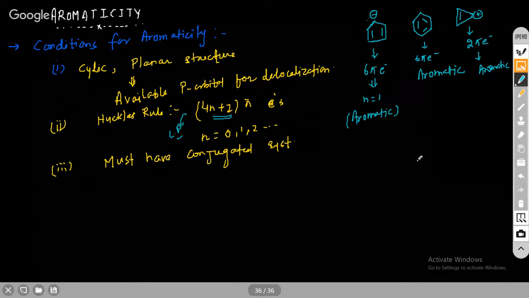Okay. If I take the example of naphthalene, naphthalene is this, last class also we discussed. How many pi electrons do we have here?